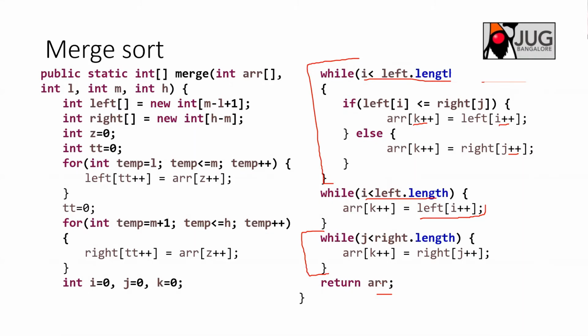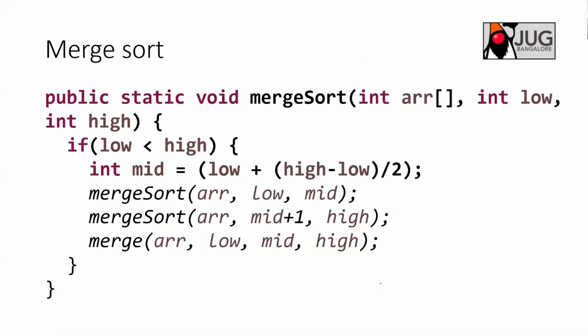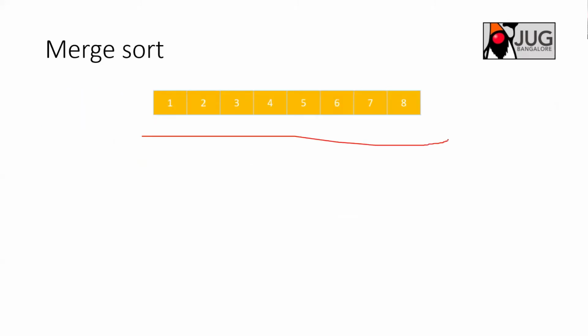But I have seen many examiners ask this, like how can you merge two sorted arrays? This is asked because it is used in merge sort, and this is how it works. Finally, you will have an array something like this after the merging.